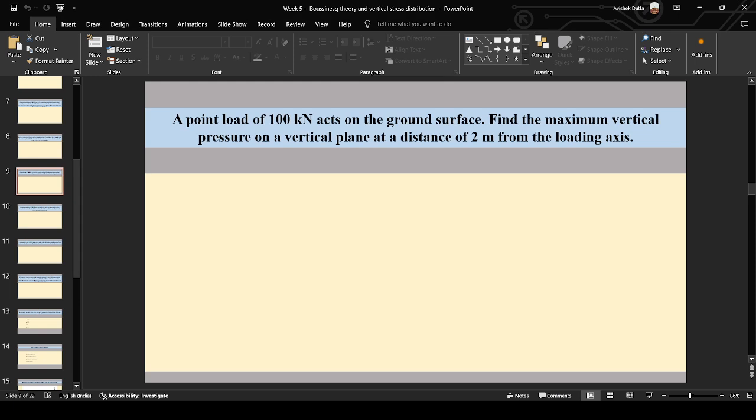Yes. A point load of 100 kilonewton acts on the ground surface. Find the maximum vertical pressure on a vertical plane at a distance of 2 meter from the loading axis.